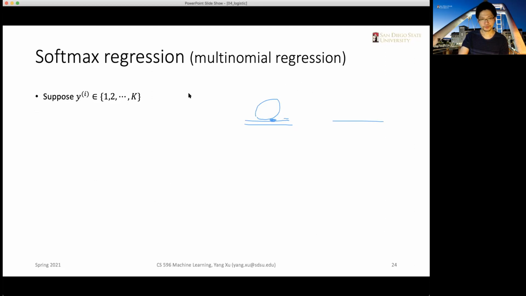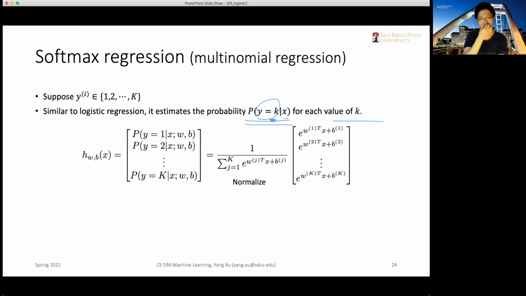How we do that is to use a model indicated by h_{W,b}(x). This is similar to h theta, but because we use the new notation W, b to represent the parameters, it becomes h_{W,b}(x), and it has k items, because we want to output predictions not for one class, but for k classes. So the output is a vector, and each element is for each class from 1, 2, 3 to k.